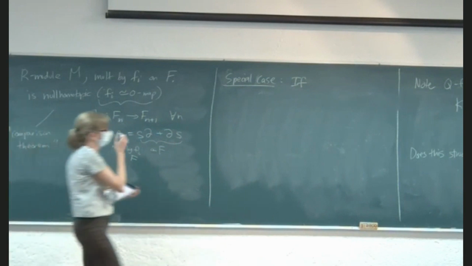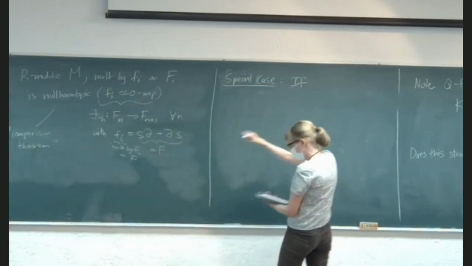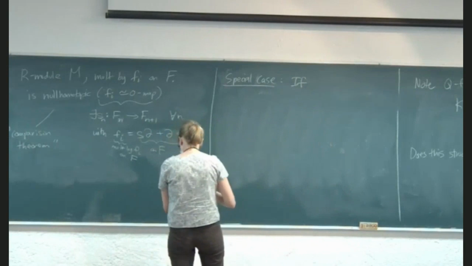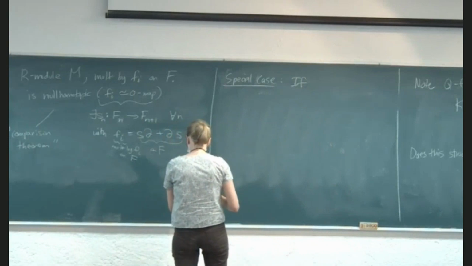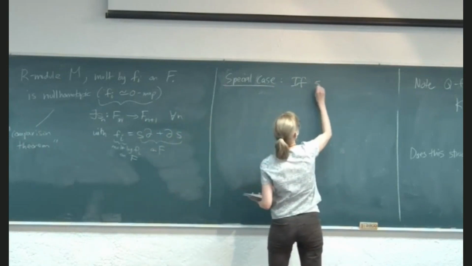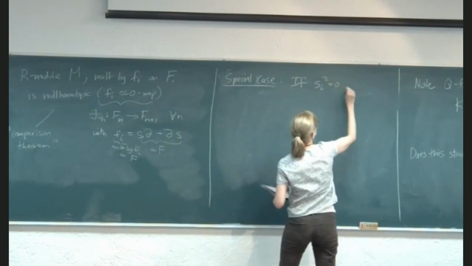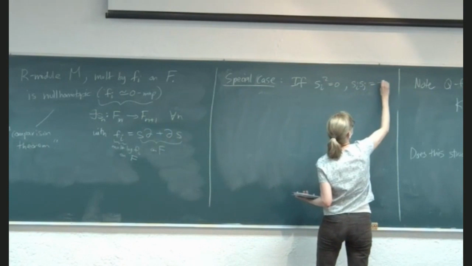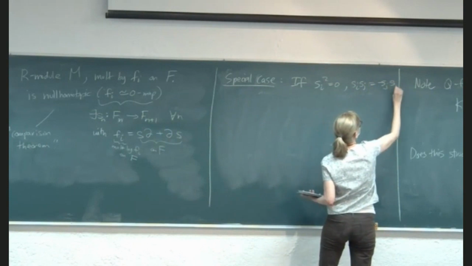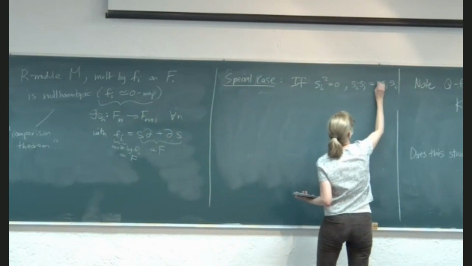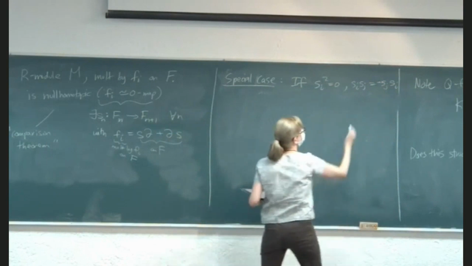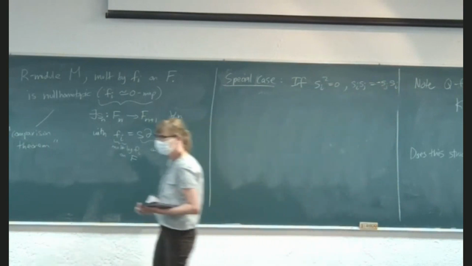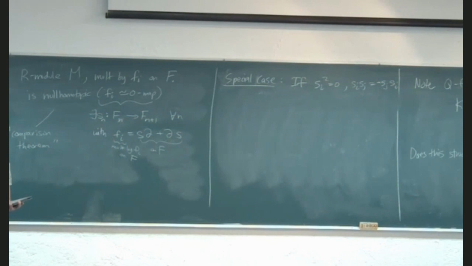Okay, well, if these maps act like the following, so if Si squared is the 0 map, and SiSj is the same as minus SjSi, that means they are acting like an exterior variable would act.